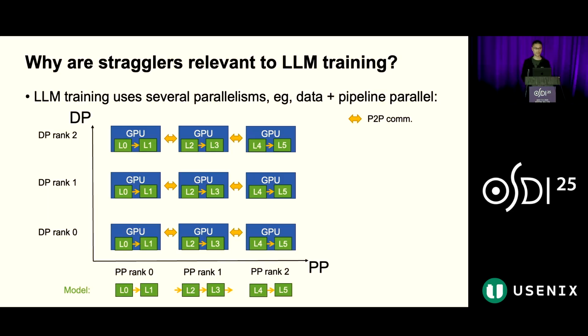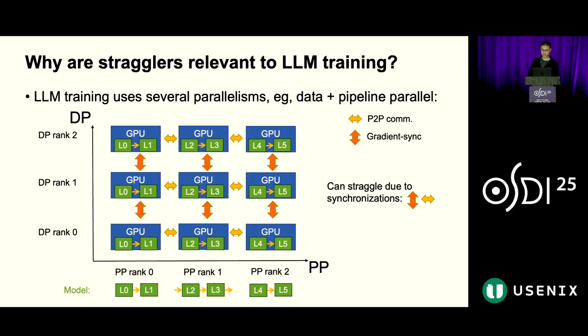And after you finish the backward propagation, you will synchronize the gradients with every other GPU in the same PP rank. So you will have this collective synchronization along all these GPUs. Both communications will have synchronizations. So that's why stragglers can happen.